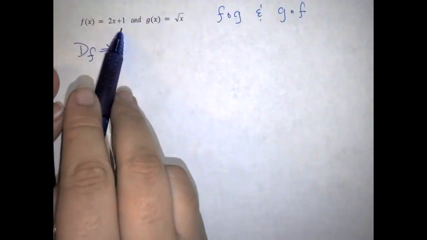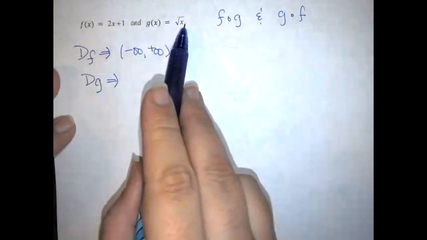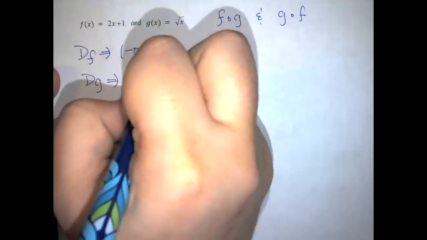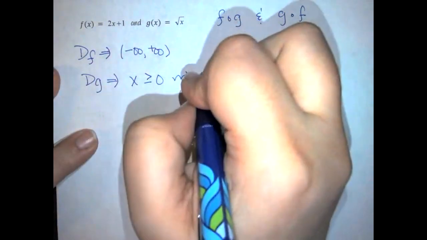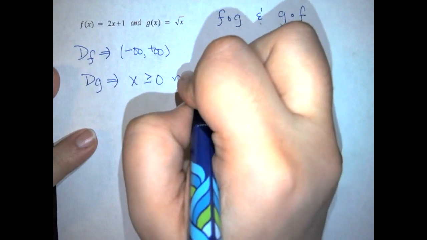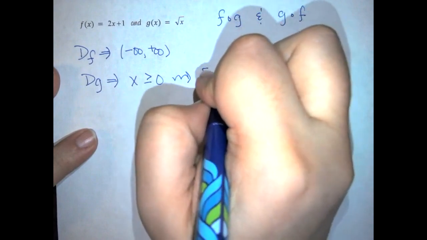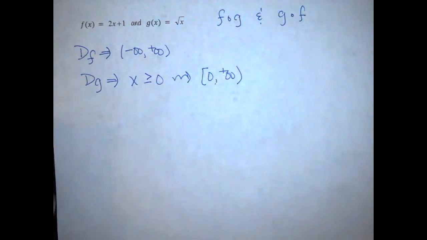Well, f is a linear line, so its domain is going to be negative infinity to positive infinity. It's all real numbers. And then we need to look at the domain of g. Well, here, this is a radical. So here, x must be greater than or equal to 0, which gives you an interval starting at 0 and going to positive infinity. Okay?